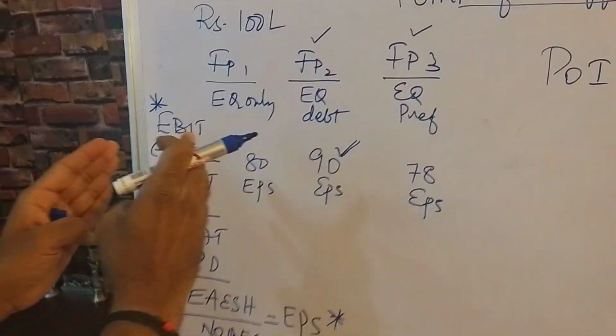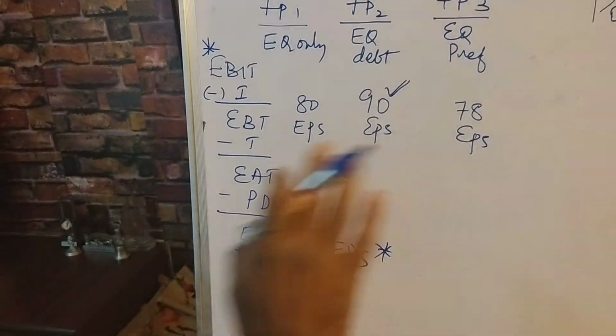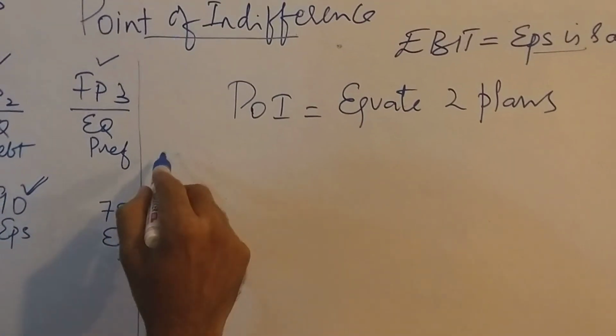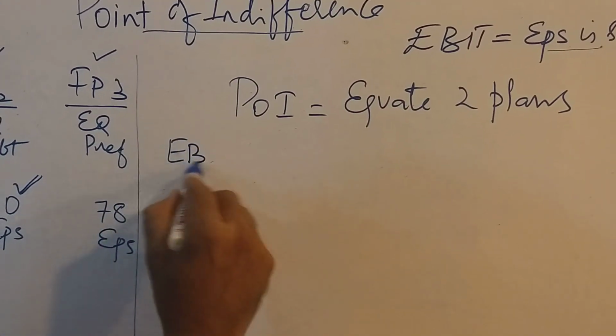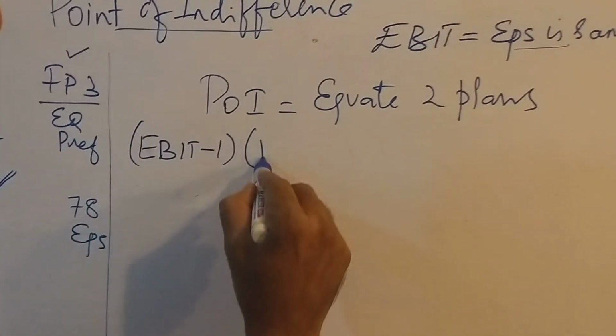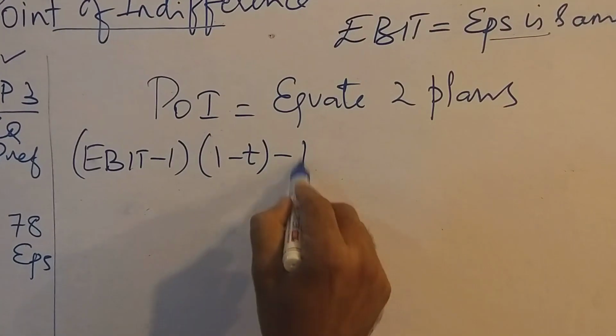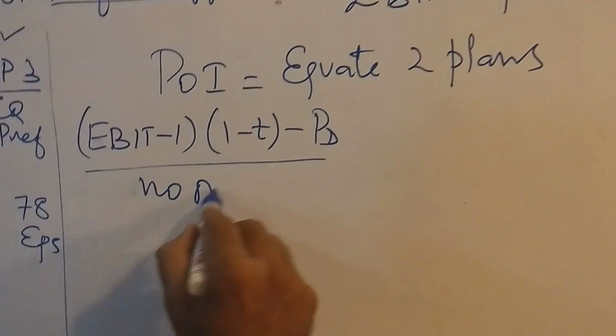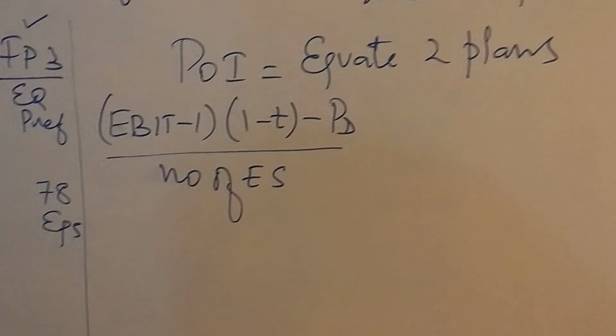Here I wrote it vertically, one below the other. Here I'll write it more like a mathematical equation. Now what do I do here? I will say EBIT minus interest into 1 minus tax rate minus preference dividend divided by number of equity shares. Now just see the board.